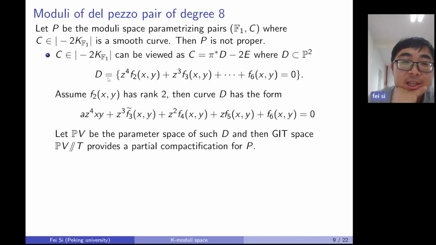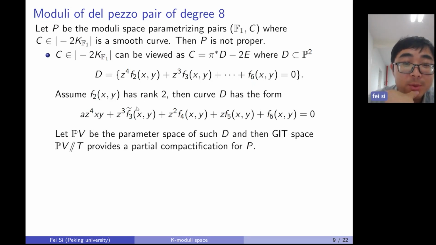You will see that this curve D has multiplicity 2 at the point (0,1,0). So we need to assume that F2 has generically rank 2, then this curve will have this normal form.